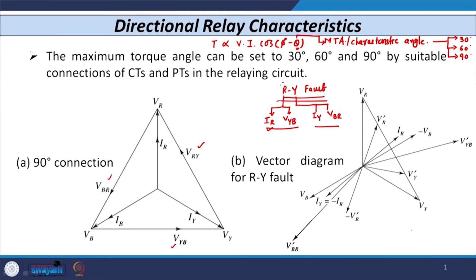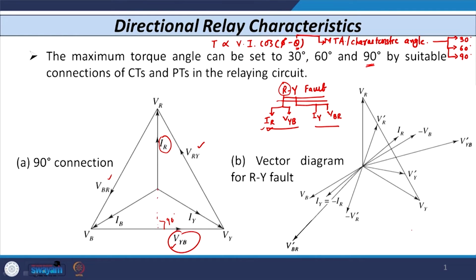For R phase, as we are giving IR current and VYB, you can see the current IR is here and the voltage VYB is here. If I plot the angle between IR and VYB, it comes out to be 90 degrees. That is why this connection is known as the 90 degree connection. It is the same for the other phases.